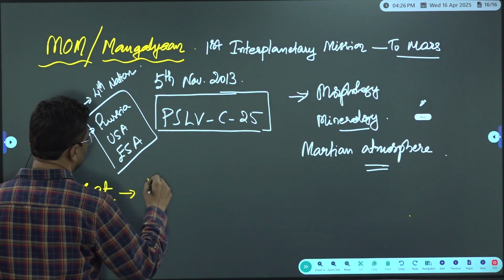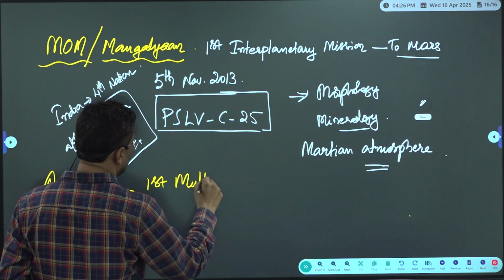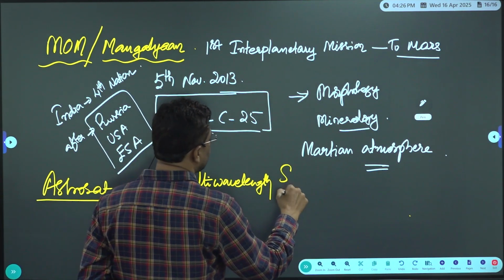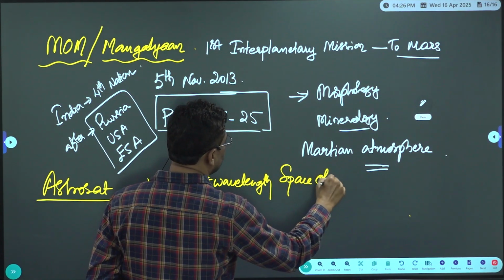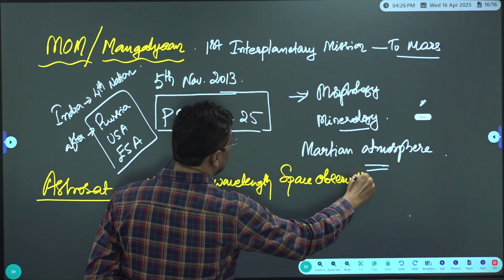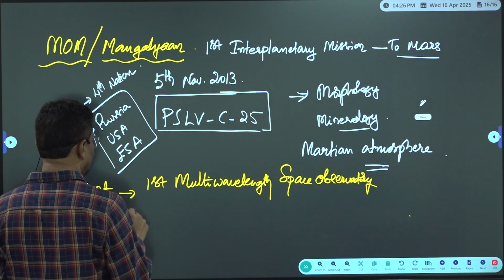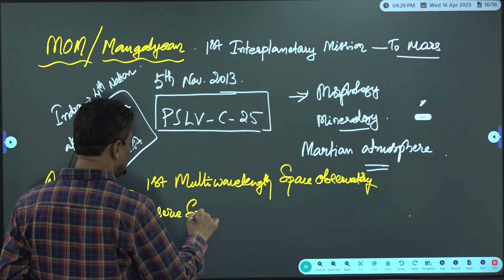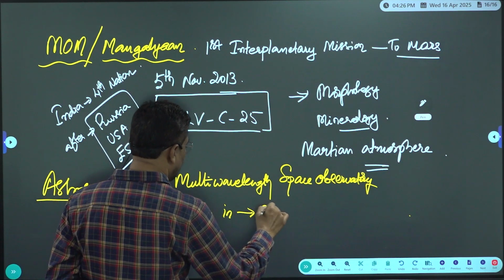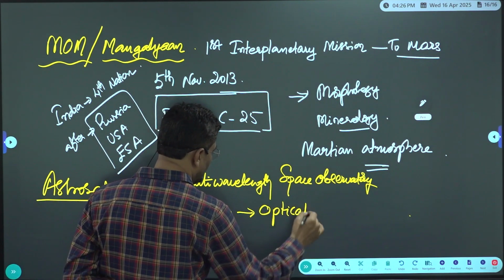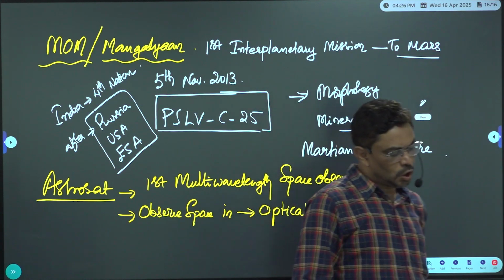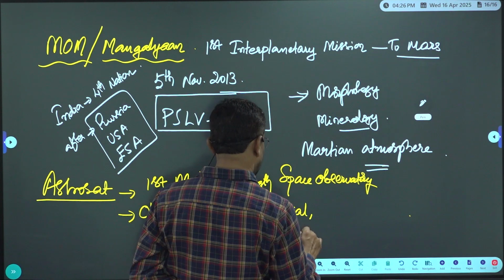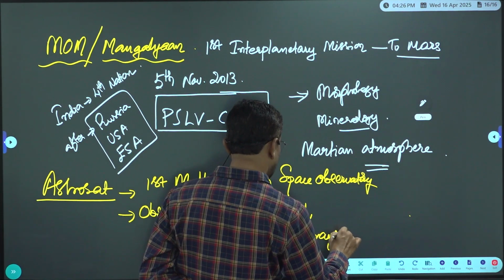It observes space in optical, UV, X-rays and gamma ray spectrum.